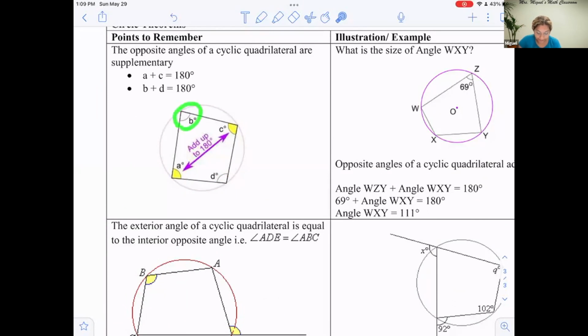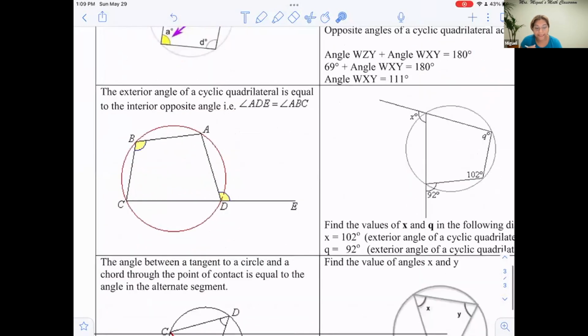This angle is opposite to this, so it means that the sum of these two angles is 180. Similarly, this angle is opposite this one, so these two angles add to give 180.